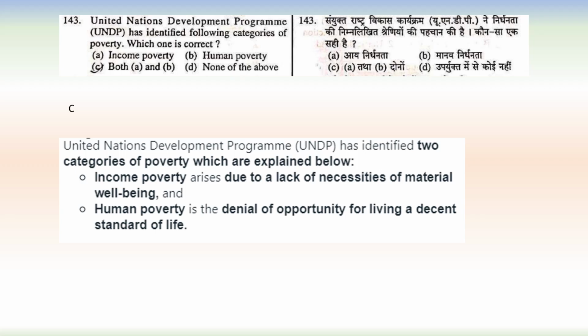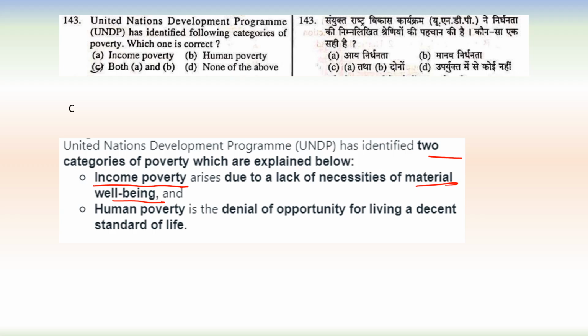Next one, United Nations Development Programme UNDP has identified following categories of poverty. Which one is correct? UNDP has identified two categories of poverty which are explained below. So we see that they are income poverty, which arises due to the lack of necessities of material well-being.